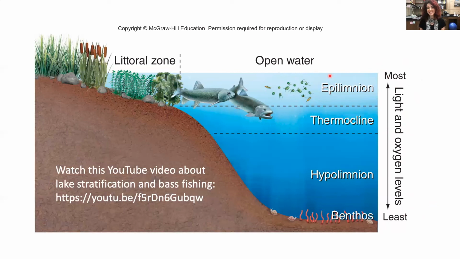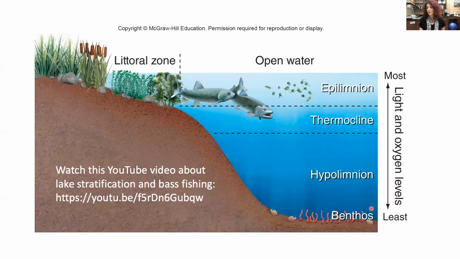And those photosynthesizers are kicking out oxygen left and right. And so that's why you have a high concentration of oxygen in the top. Beneath the epilimnion, you have the thermocline, again, that rapid change in temperature. And then beneath that, you have the hypolimnion and then the benthos.